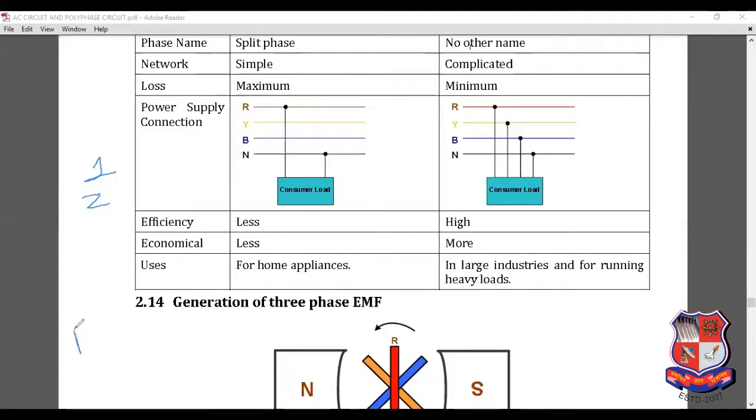Active power is denoted by P equal to VI cos phi. Reactive power is denoted by Q, and the equation for reactive power is Q equal to VI sin phi.